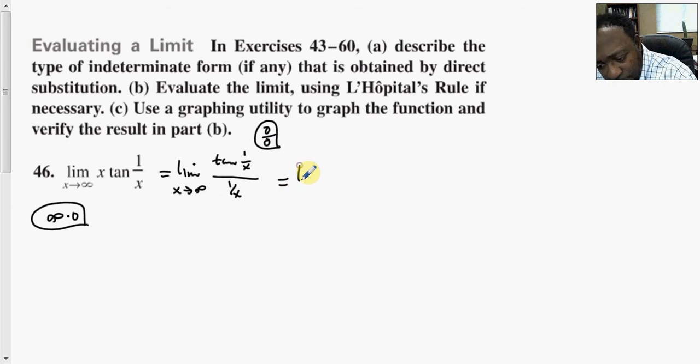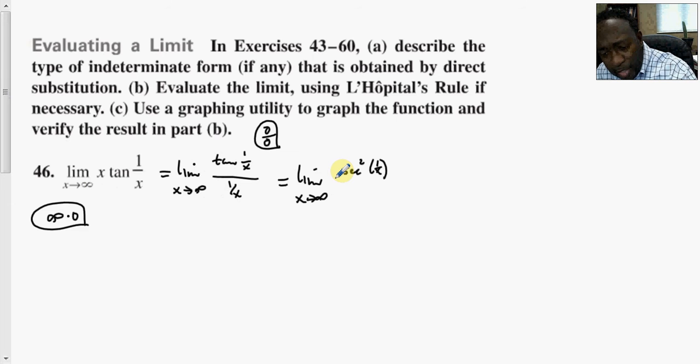Let's see. So this is the limit as x goes to infinity. This is tangent of x to the negative 1. So this is secant squared of 1 over x times the derivative of 1 over x, which is x to the negative 1.